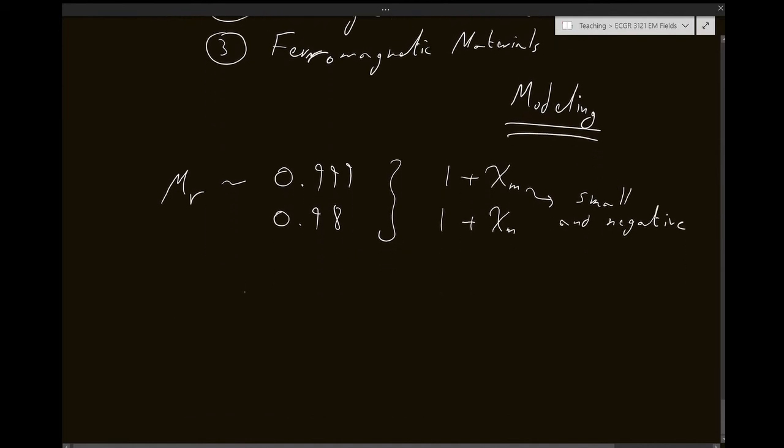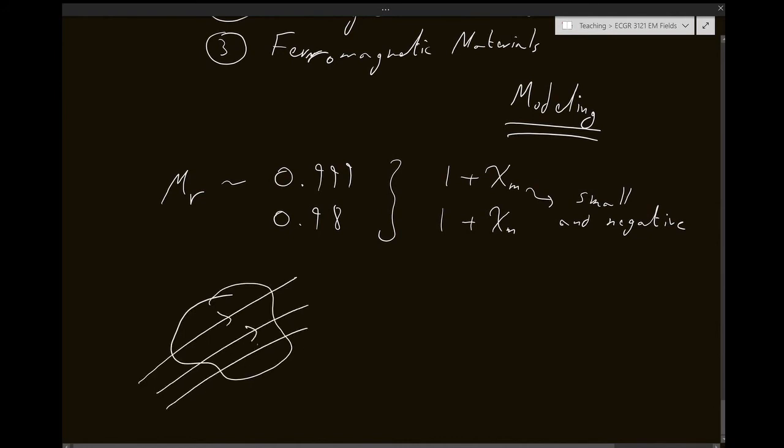That means for this material, if I apply an H field, let's say from some J current, and it acts on that material, the magnetization that happens in the material is going to be susceptibility times H, right? And the susceptibility is negative, so that tells me that the magnetization is going to oppose this acting field, right?